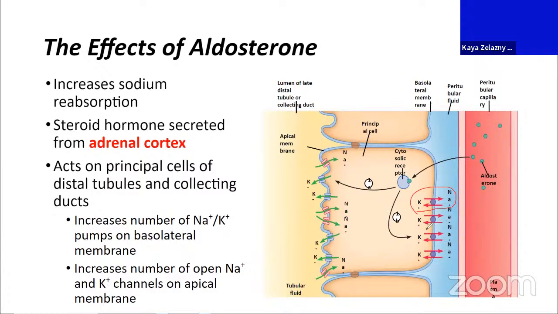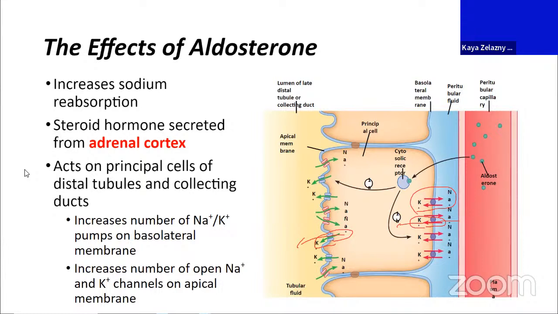So the potassium is moving into the cell, right? Into the cell while the sodium was moving out of the cell, right? And then when we open that channel on the apical membrane, right, the potassium moves out and into the tubular fluid. So this is all because we have aldosterone present in that peritubular capillary in the blood. That's our signal to our principal cells to do this, basically.